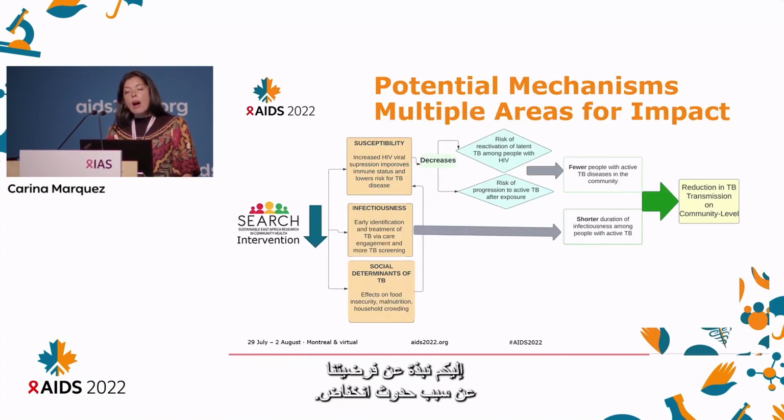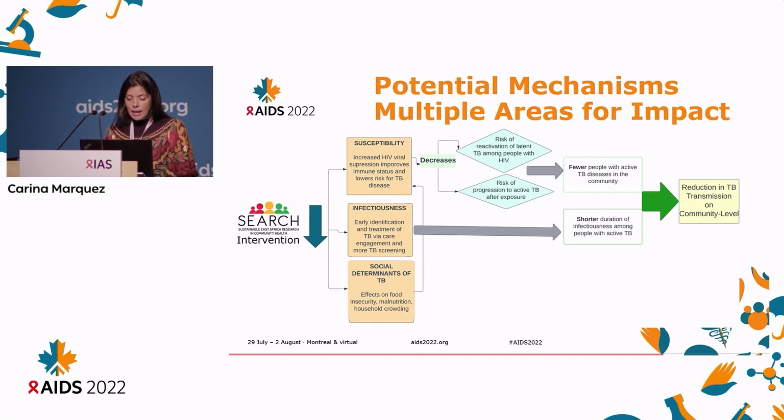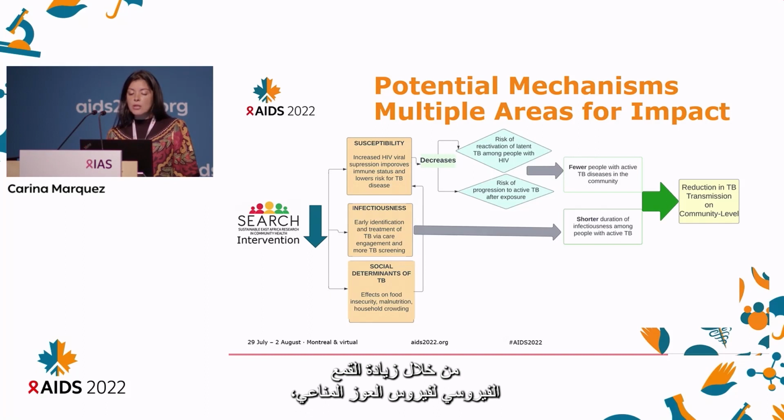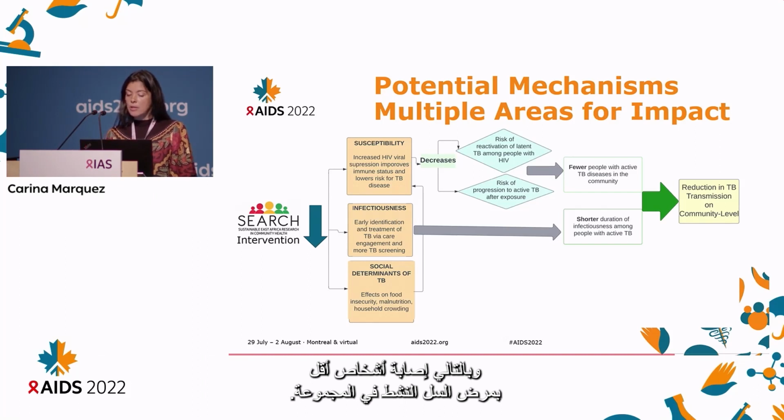So here's a little bit about our hypothesis of why we saw a reduction. The SEARCH intervention is a multi-component intervention. We can't really disentangle a lot of the pieces, but this is our hypothesis. One, the intervention could decrease susceptibility to developing TB disease through increased HIV viral suppression, thereby having fewer people with active TB disease in the community.